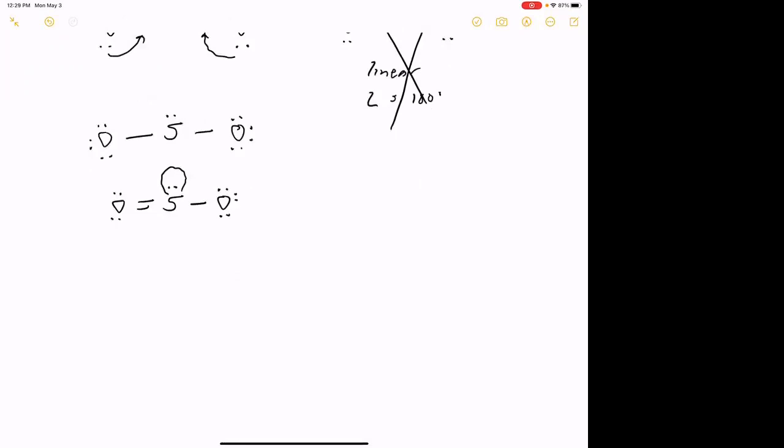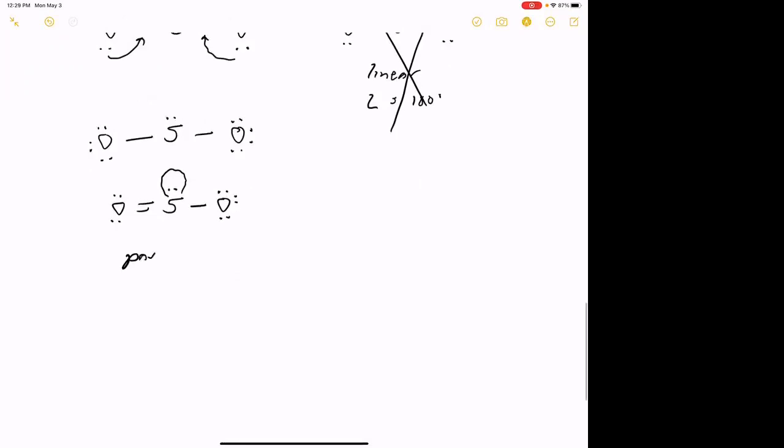So in this case, what's my parent geometry going to be? How many electron groups do I have around the central atom? Looks like I have 1, 2, 3. So what's my parent geometry here going to be? Trigonal planar. Trigonal planar, good.